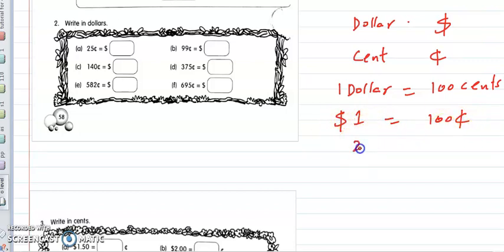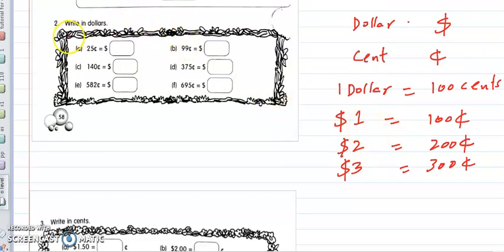It means if you have to write $2, $2 will be equal to 200 cents. $3 will be equal to 300 cents. In the same way, if we have to convert cent into dollar, we can do so by dividing by 100.